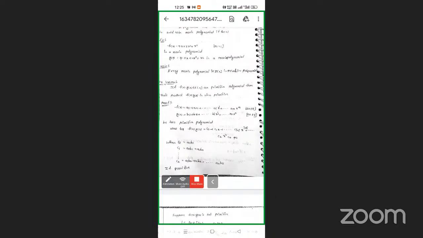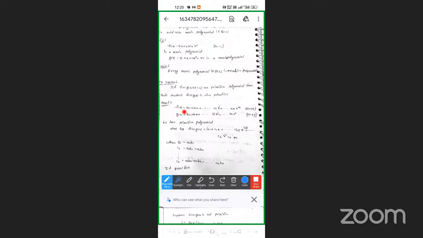Theorem 12.5.2: the product of two primitive polynomials is again a primitive polynomial. So f, g are primitive polynomials, then the product f and g is also a primitive polynomial.